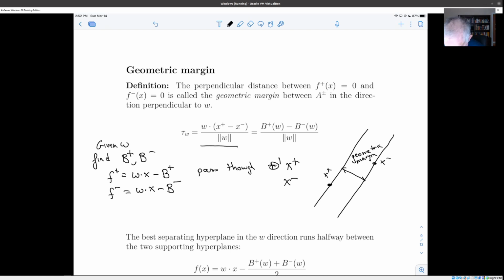I should mention that b plus is W dot x plus, and b minus is W dot x minus. So how do you compute this perpendicular distance?